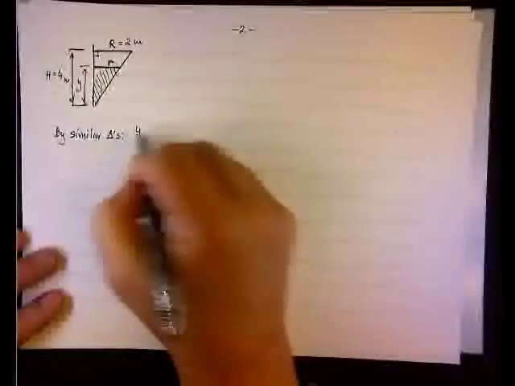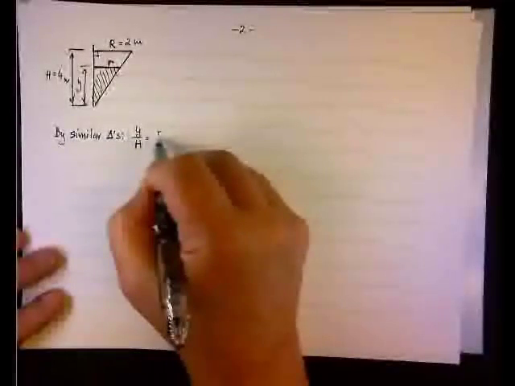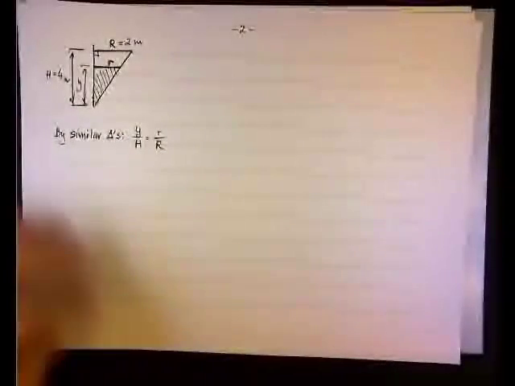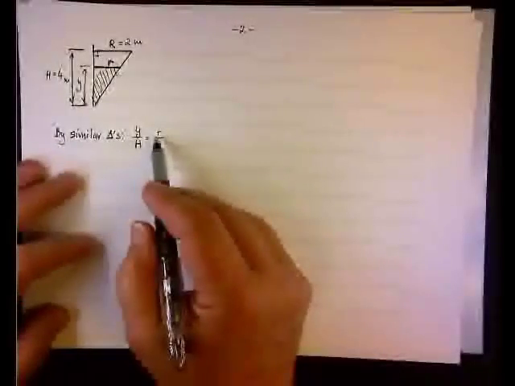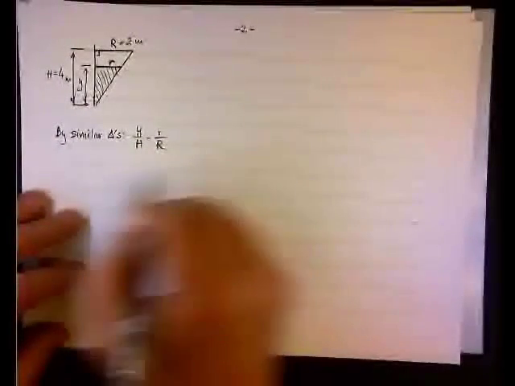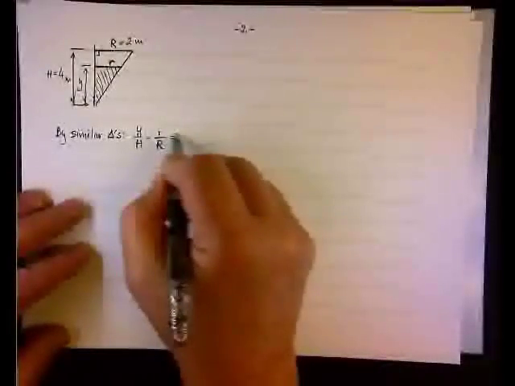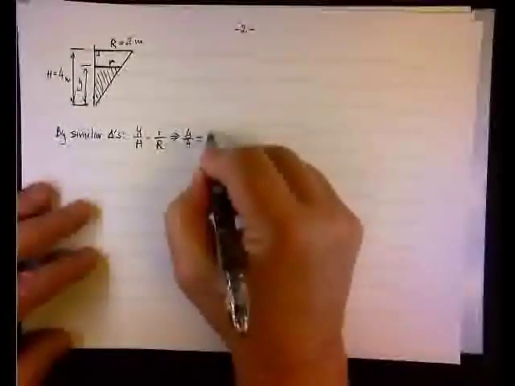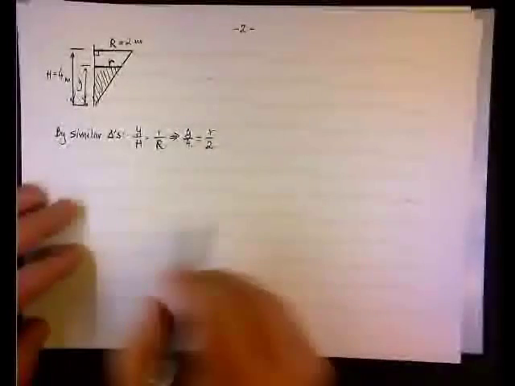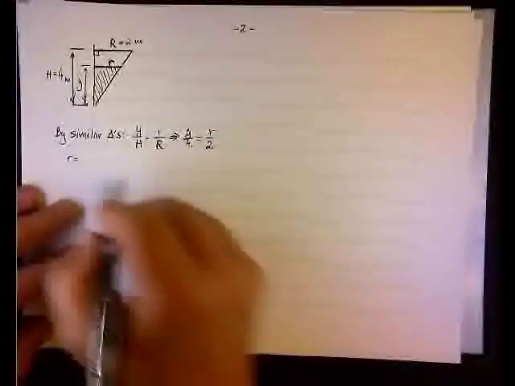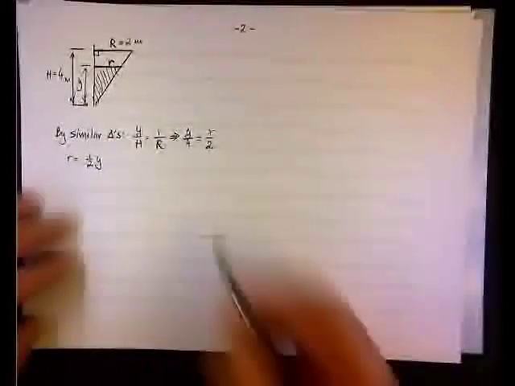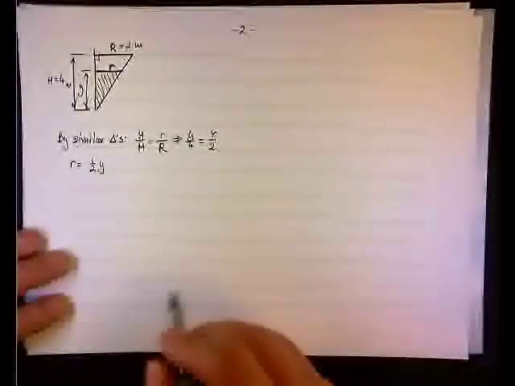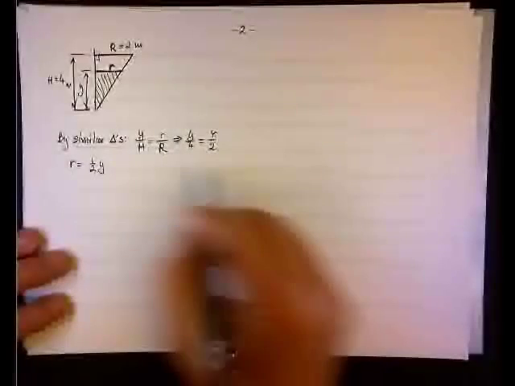We say that y over H equals little r over big R. This will allow us to replace r in terms of y. Let's put numbers here: y over 4, since big H is 4, equals r over 2. Now we can write that r by itself will be 1/2 y, just by cross multiplication, or by solving this proportion between two ratios.